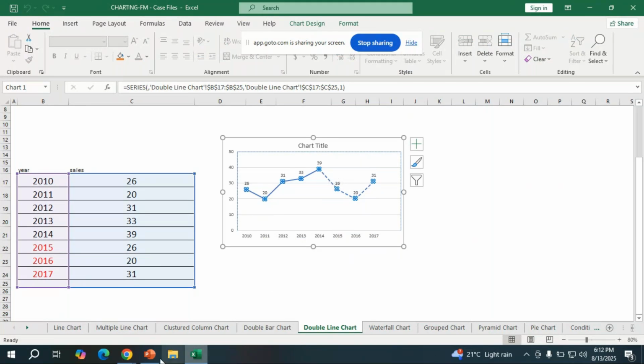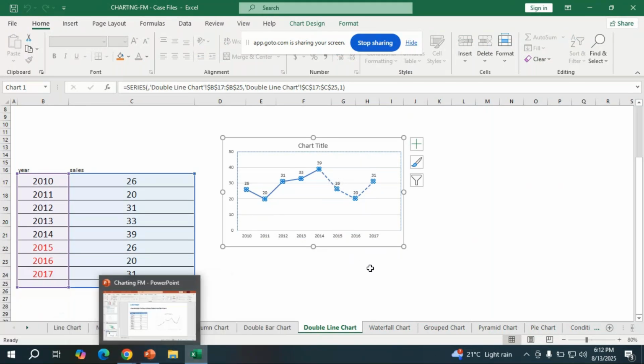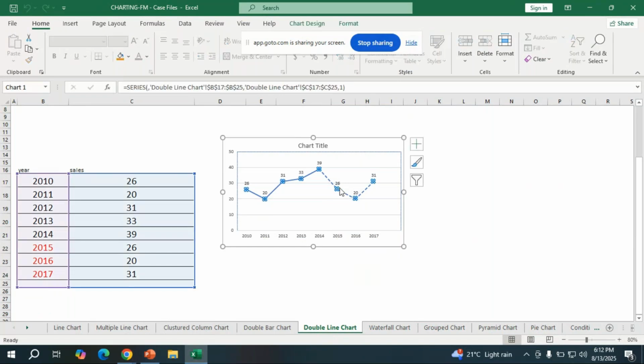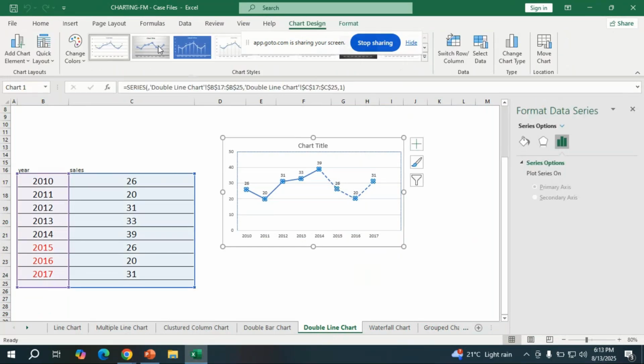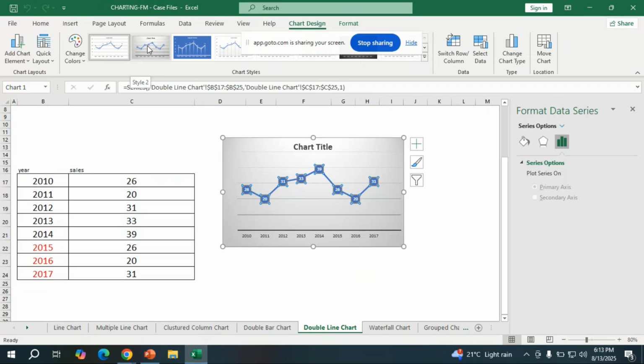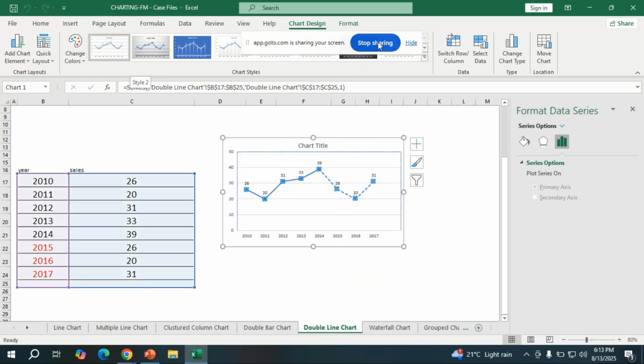So for this double line chart, what you can do in Excel is, see, I have this data, right?